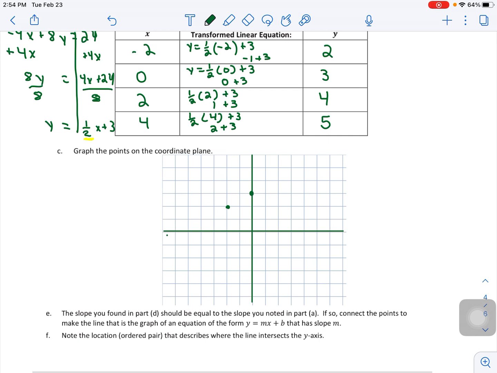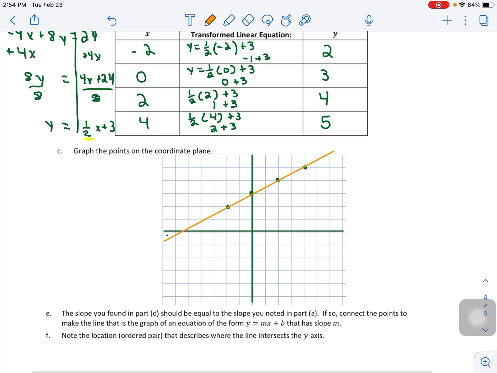And 2 up 4. And 4 up 5. And then I like to do different colors for my lines. And when I snap.